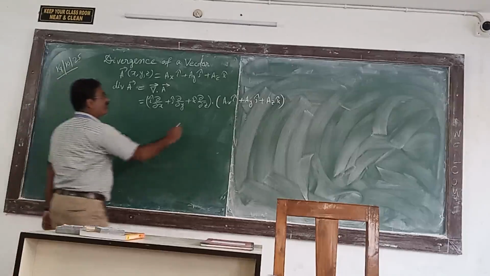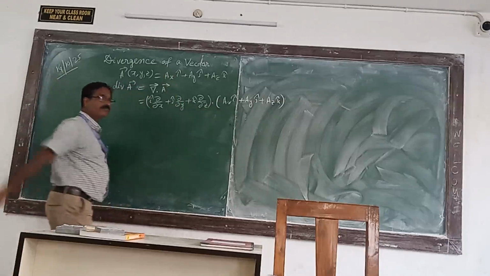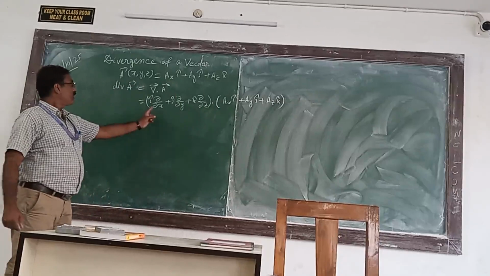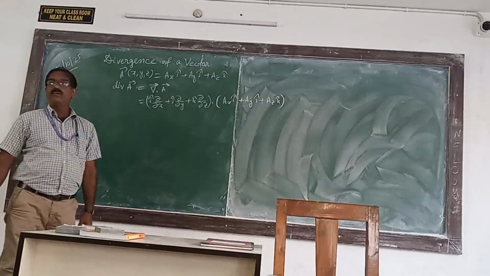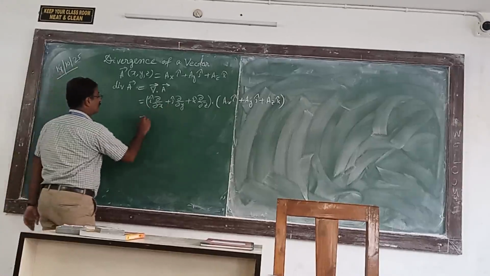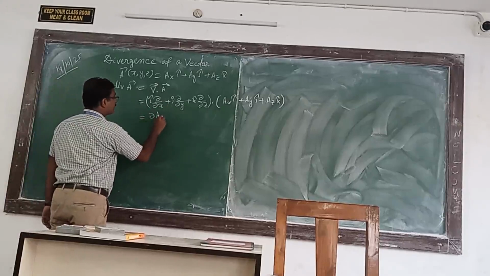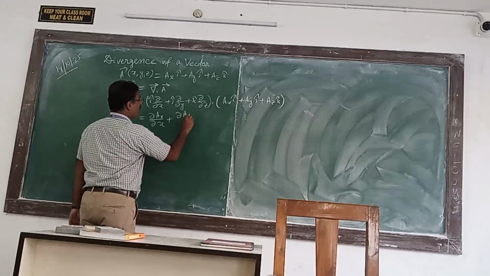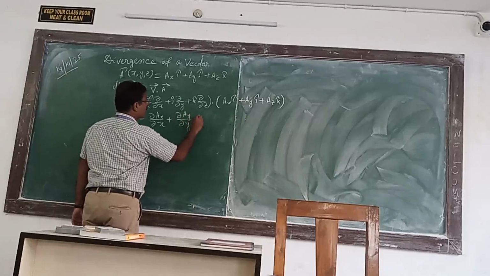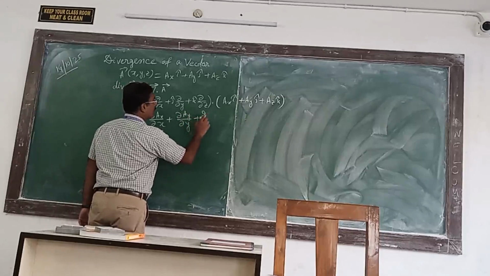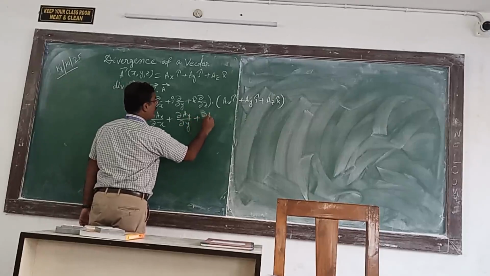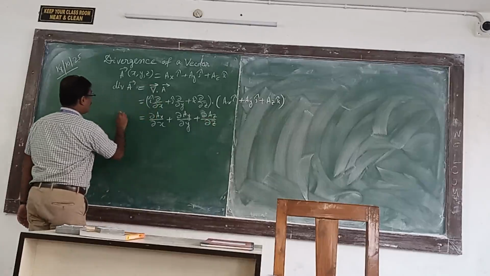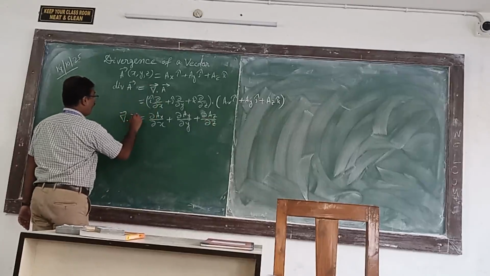If you take the dot product, then what happens? i dot i is 1. So this is equal to del ax/del x plus del ay/del y plus del az/del z. So this is the divergence of A.